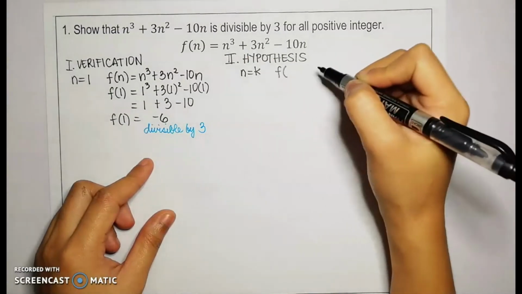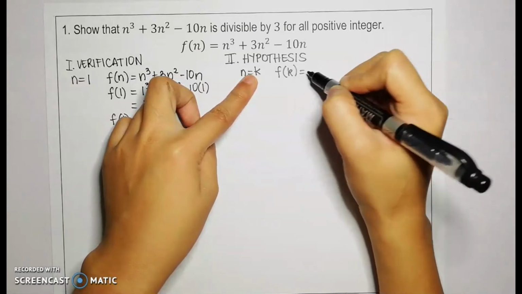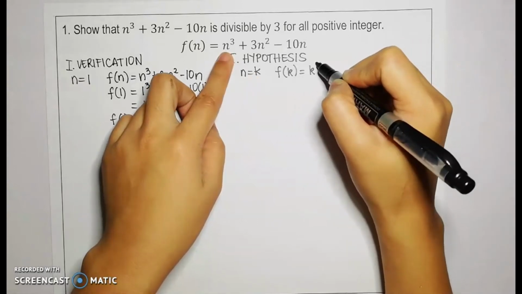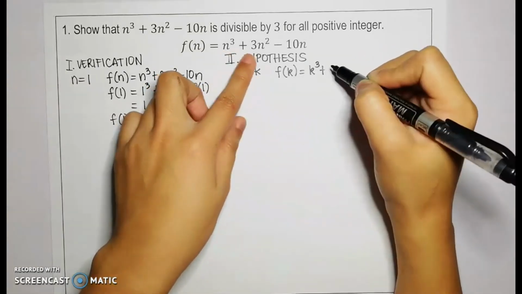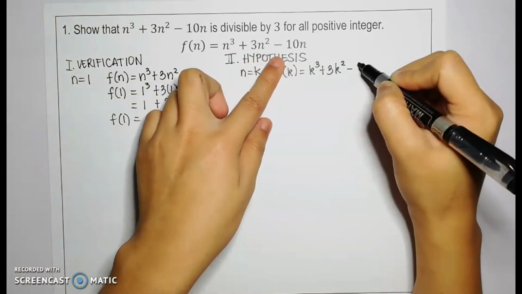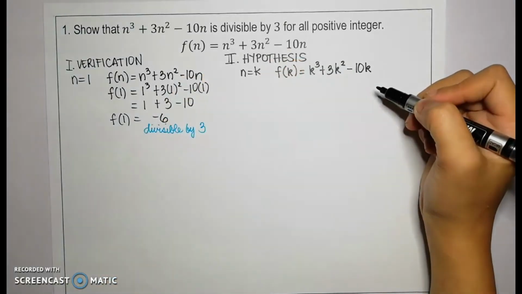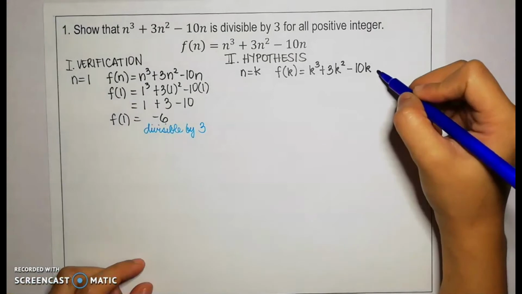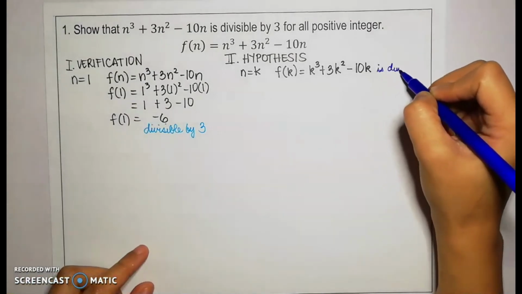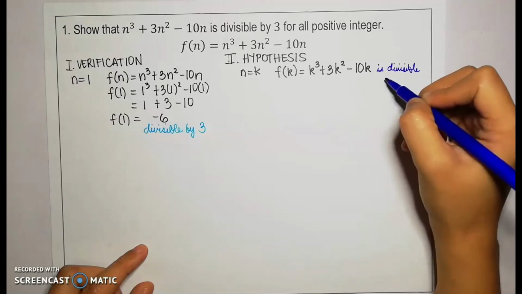So we have f of k equals k cubed plus 3k squared minus 10k. So that's it for the hypothesis. We assume that this is divisible by 3.